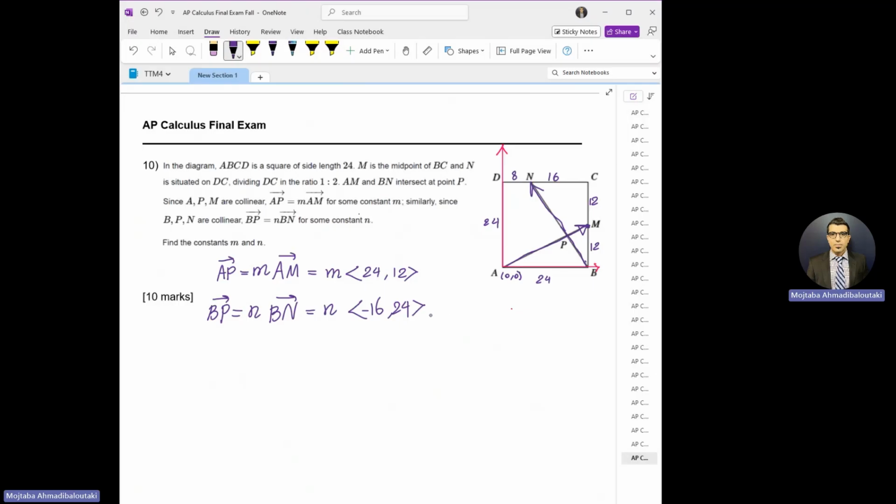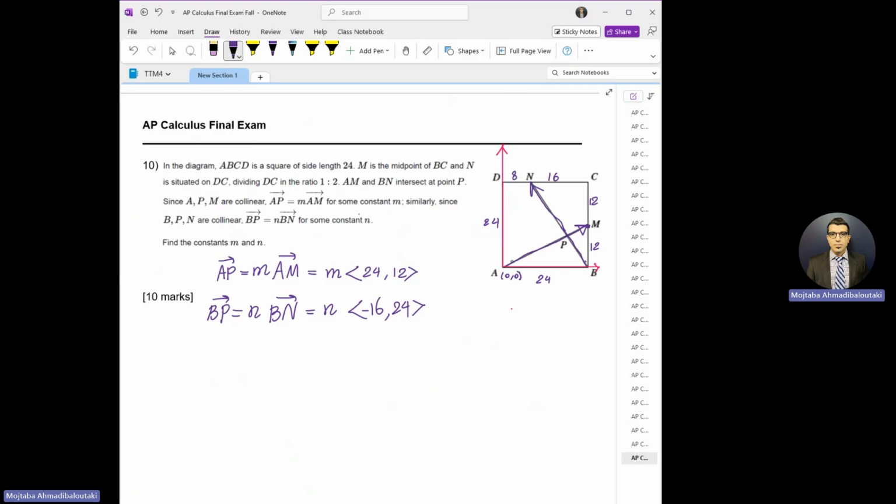And so all we need now is to find a relationship between these two vectors that we have, basically our AP and BP. If we can relate them somehow, we can find these unknowns m and n. So what is a good relationship there? We have AP here, and we also have BP.